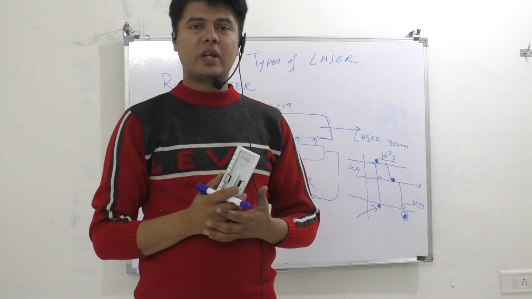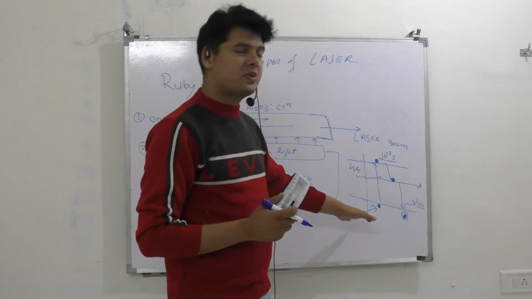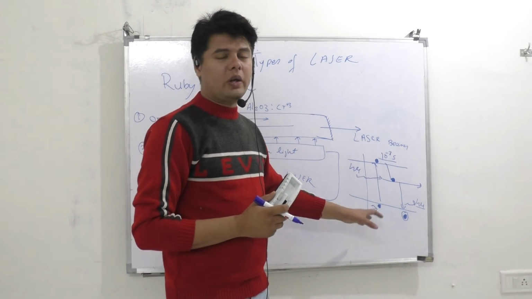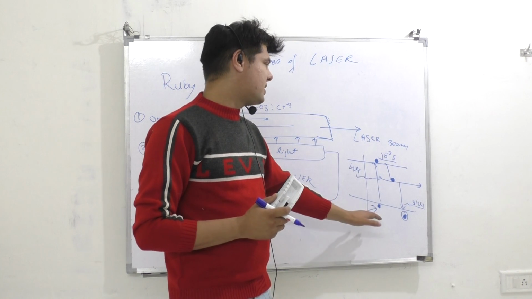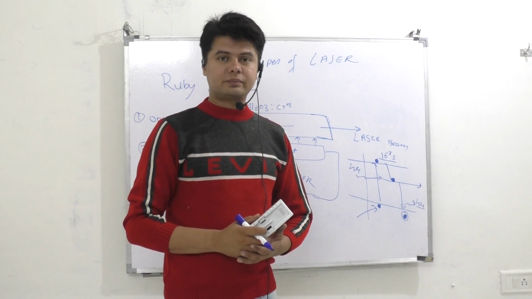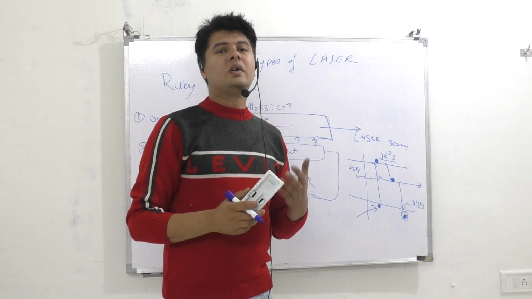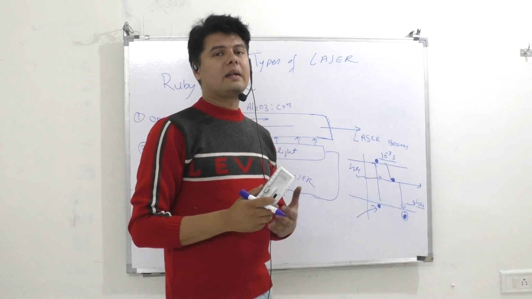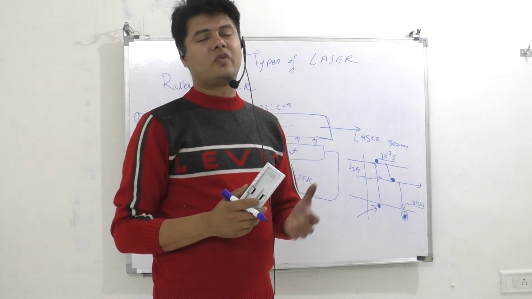Flashlights are used to generate photons for the absorption process, and molecules of Al2O3 get excited from the lower state to the higher state. So this is called the solid state laser, and it uses self-emitted photons.